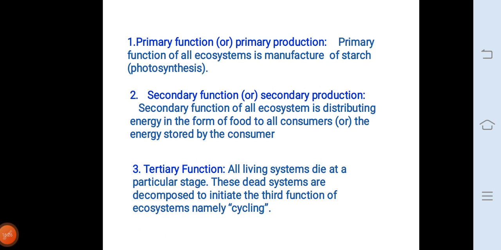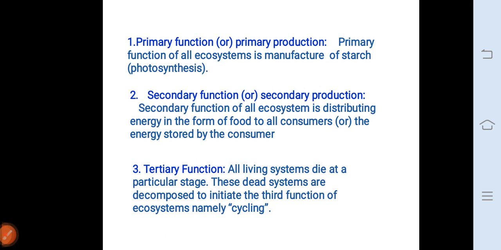These dead systems are decomposed, which completes the third function of ecosystems, namely cycling. So there are three functions: the primary function is the production of starch, the secondary function is the transfer of starch through food energy, and the tertiary function is the cycling process. Then we have to discuss food chains, food webs and food pyramids. The photosynthetic equation we have already discussed, and next is the forest ecosystem.